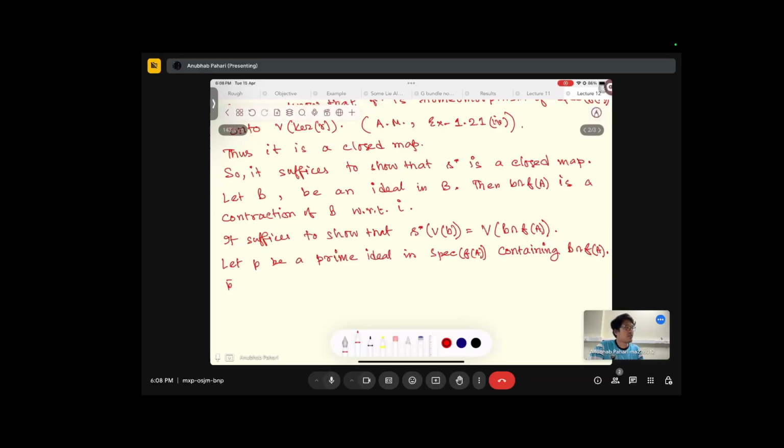P bar is a prime ideal over f(A) by b intersection f(A).